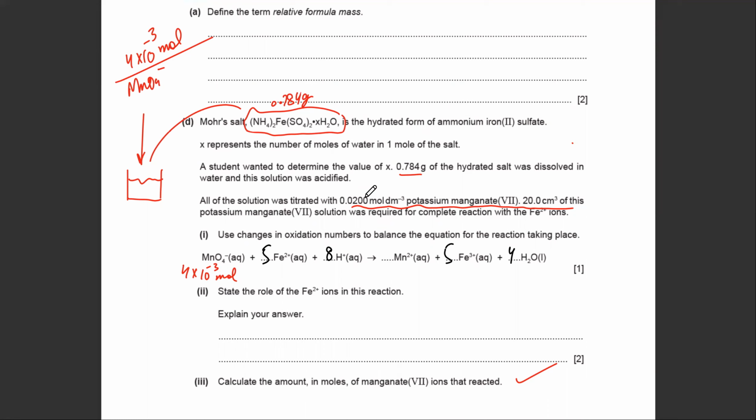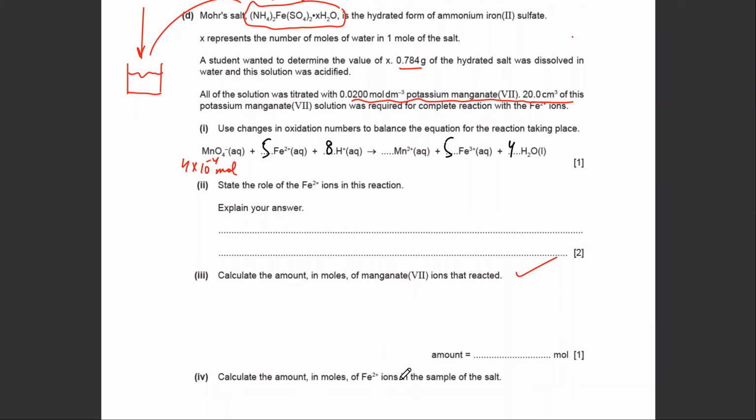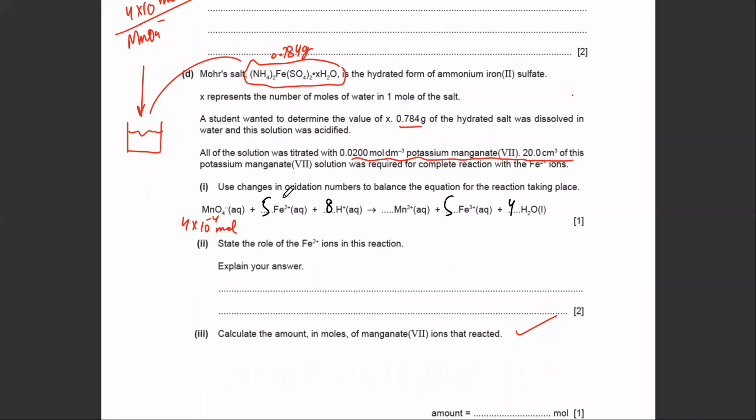Check it once or twice. I'll make it 4, just make sure that it is the correct one, okay? So let's make it -4. Just double check. Anyways, we'll pick it up in the next part. He's asking you to find the moles of Fe2+ ions. So it's 1:5. So that means the moles of Fe would be multiply this by 5. What do you get?